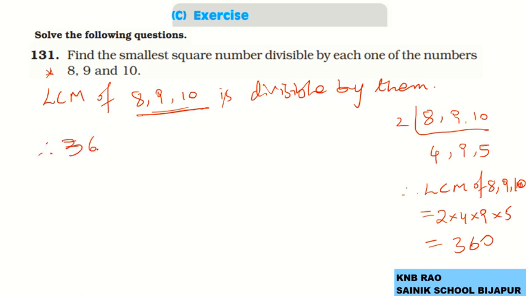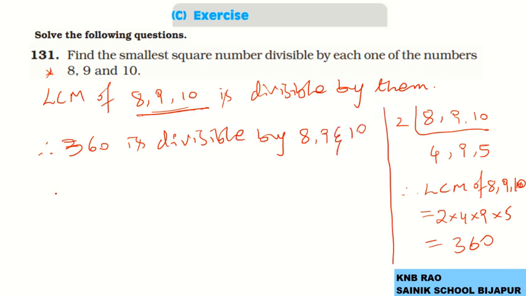Therefore, 360 is divisible by 8, 9 and 10. But 360 is not a perfect square. How to make it a perfect square?